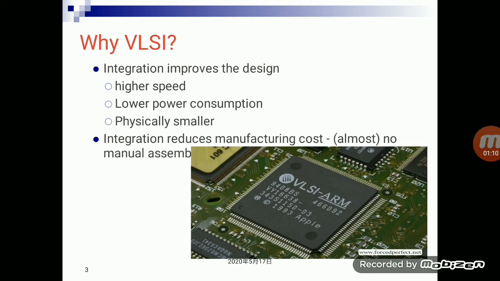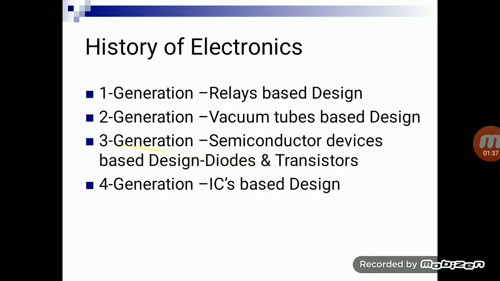The integration improves different design factors. First, high speed of operation, low power consumption, small size, and integration also reduces the manufacturing cost. So these are the four major advantages of using VLSI technology to implement any electronic device.